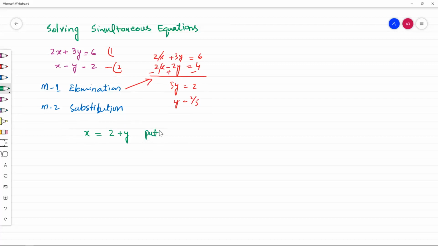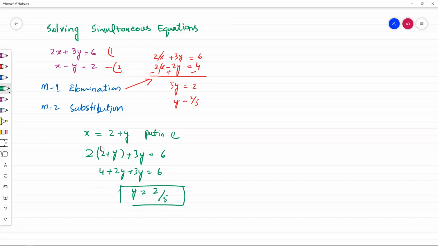So put in 1, 2 into 2 plus y plus 3y is equal to 6. So 4 plus 2y plus 3y is equal to 6, and 5y, and when you subtract, 6 minus 4 would become 2, divided by 5. So y is equal to 2 by 5.